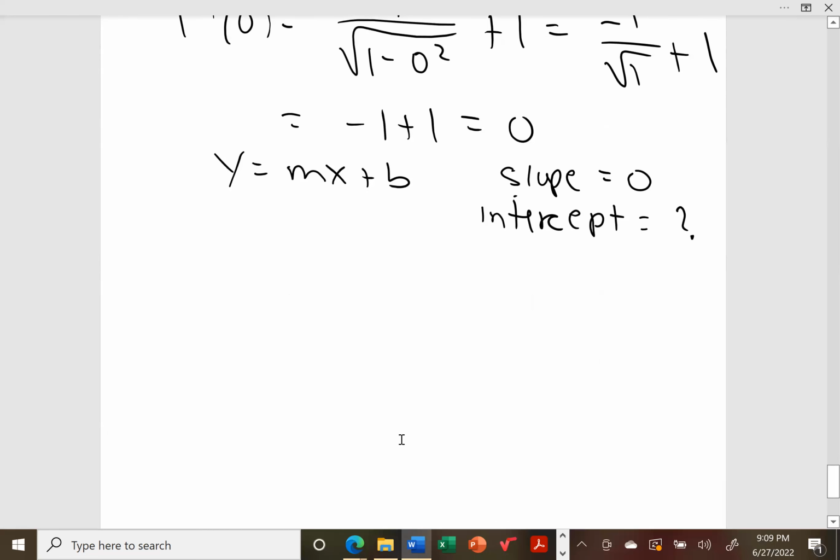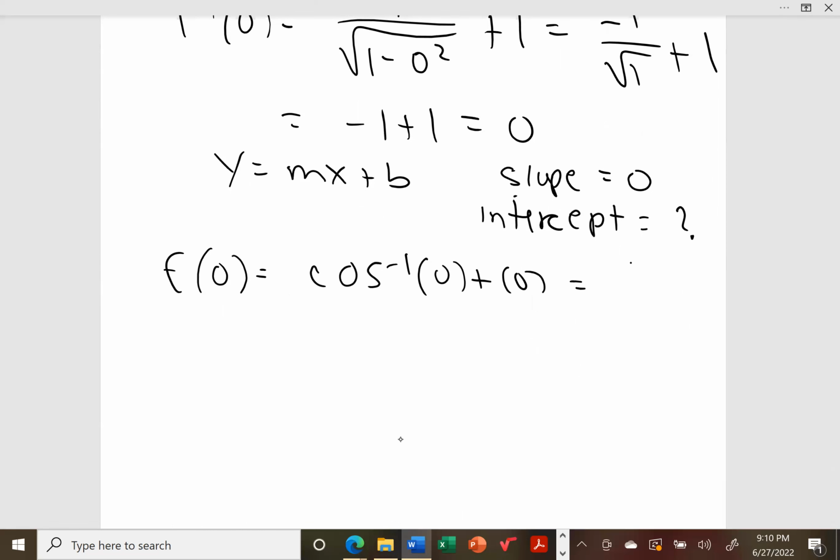F of 0, it turns out, would be the arc cosine of 0 plus 0, and that turns out to be pi over 2. Okay, so in other words, the point 0 comma pi over 2 is on this curve, or is on the tangent line.